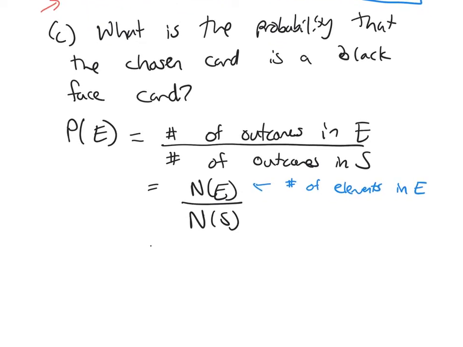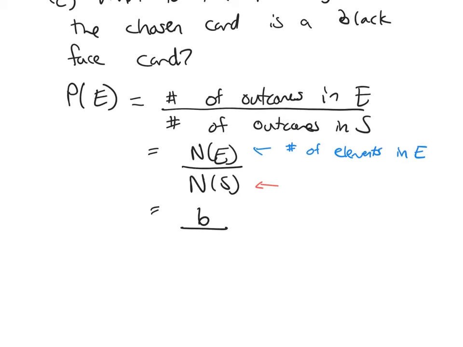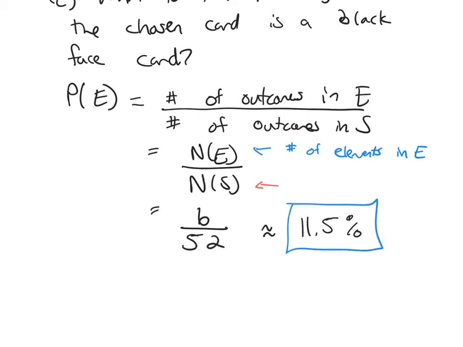So it would be 6 over, and then this is the number of elements in my sample space, and remember, my sample space had 52 cards in it. 6 over 52, which is approximately 11.5%. And that would be our probability.